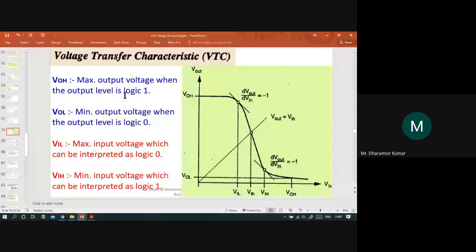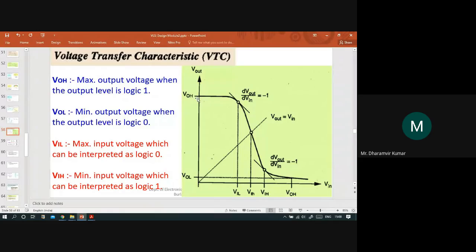It is the maximum value along the y-axis, which refers to the output voltage, the maximum voltage that can be attained when the output is at logic 1.